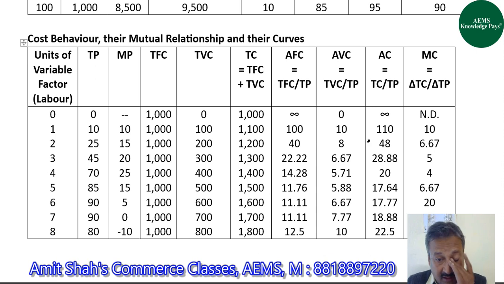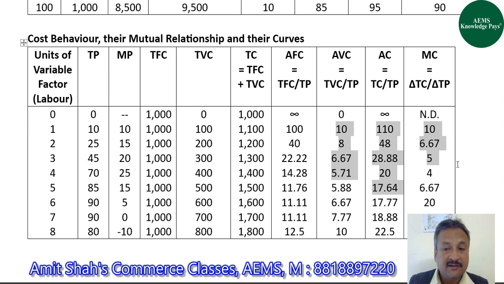Now, if you see the behavior of AVC, AC, and marginal cost, you will find that initially they all are decreasing. And after that, they are increasing. Here we have an increasing trend. Here also it is increasing. Here also it is increasing.